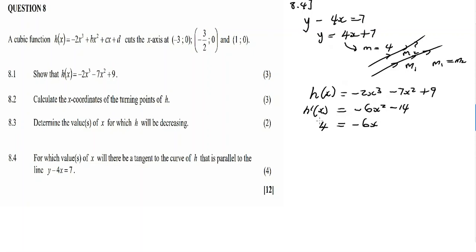So therefore now substitute the gradient. I want to find the x value that will make the tangent have a gradient equal to that line. Minus 14x, so transposing, I get 4 plus 14 minus 6x squared. 4 plus 14 is 18. x squared, and divide both sides by minus 6.